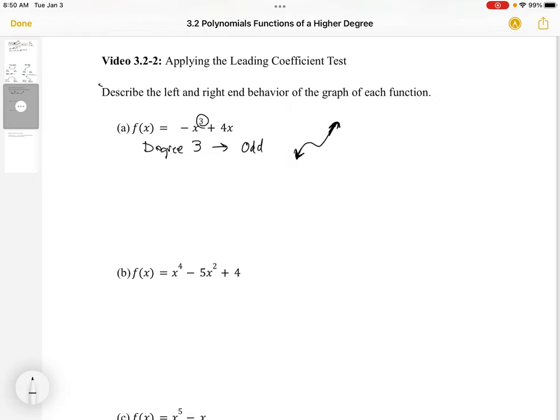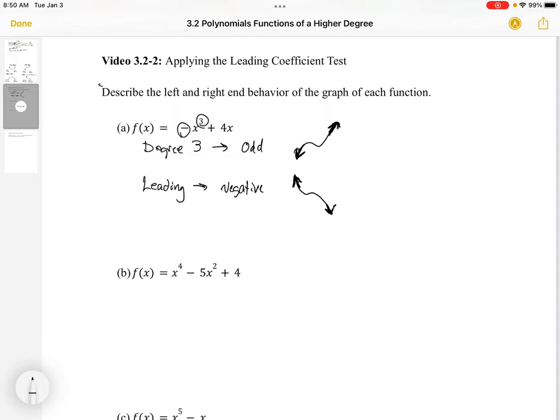But we have a leading coefficient that is negative, so that means this thing gets reflected over the x-axis, so it should look something like this now. It was going down on the left, now it's going up on the left. It was going up on the right, now it's going down on the right.